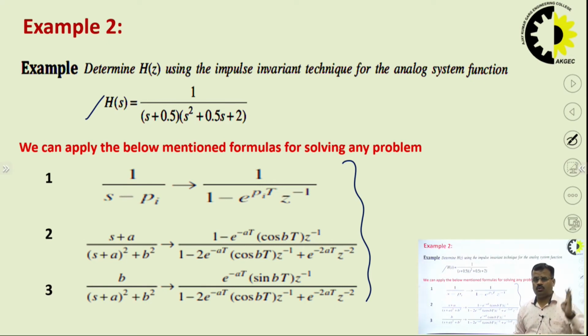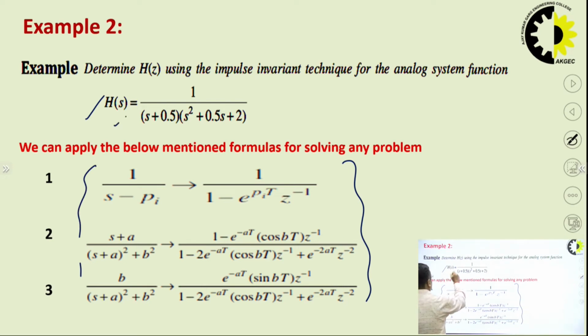Now you have to apply these three formulas to the given H(s) and check which formula is suitable for that expression, and you can achieve your H(z) that you want to achieve here.